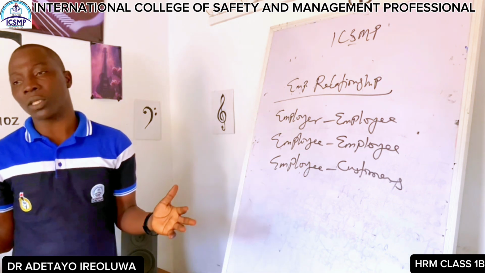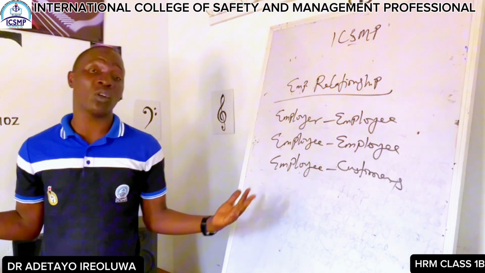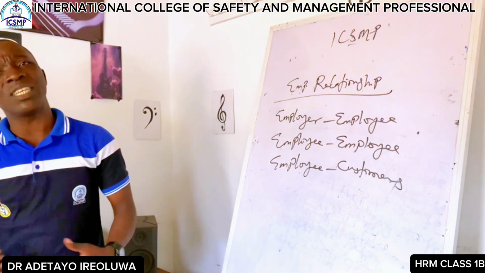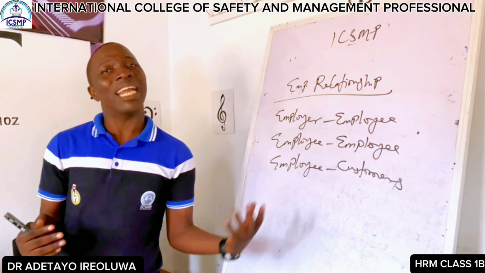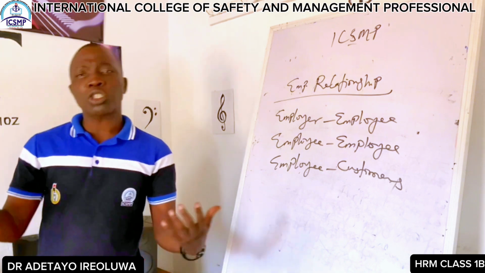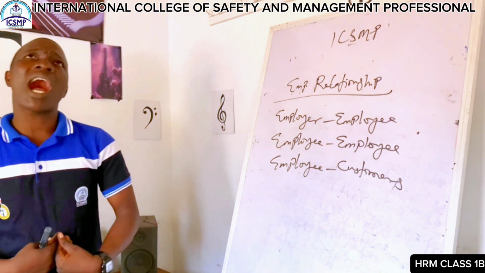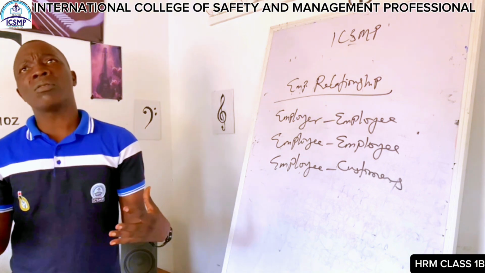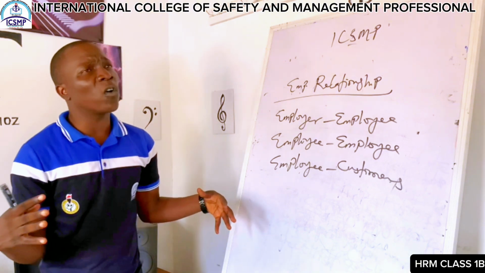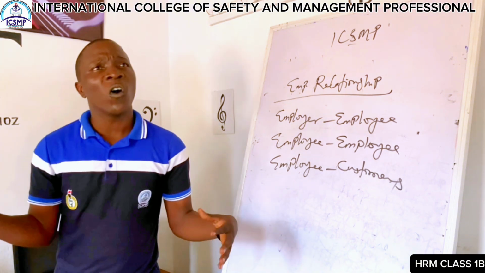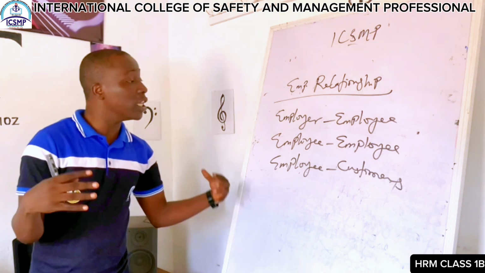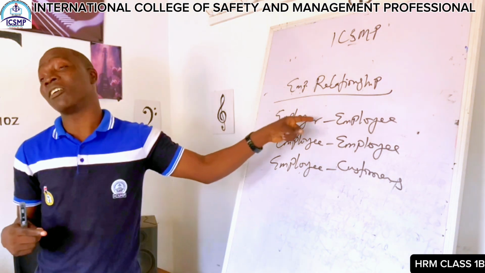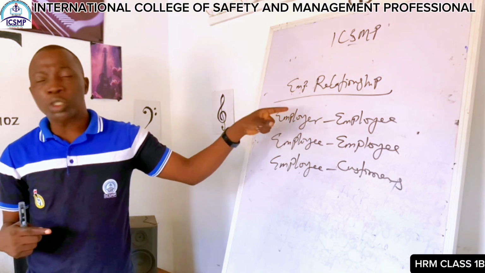This relationship is very important. It determines how far the organization will go. It determines how far productivity will go. It determines the quality of productivity, how cordial, how smooth, how professional. It must be smooth.